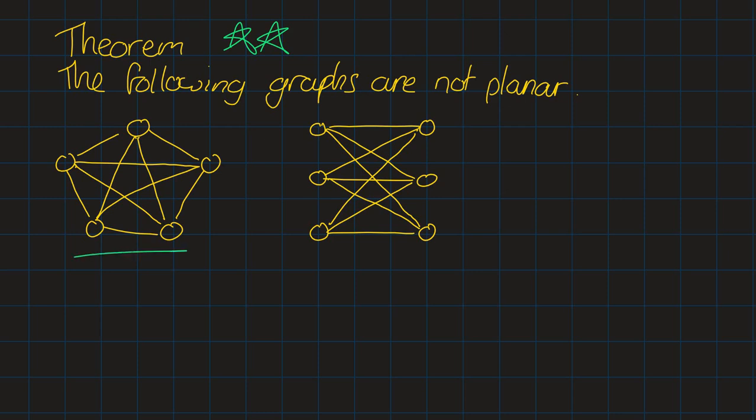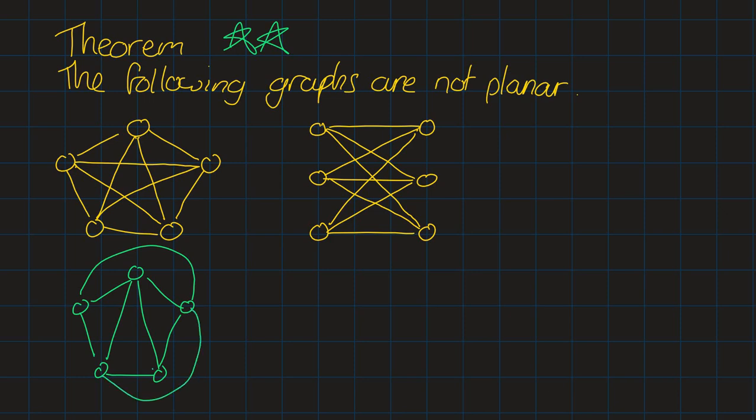Let's look at the first graph right here. You notice it's got a bunch of edge crossings, okay? And I claim that it's impossible to draw this graph without at least one edge crossing. You can try and redraw it with as few edge crossings as possible. Like, you could draw it like this, and then I need to add an edge there, and I need to add an edge there, but I still need this edge here.